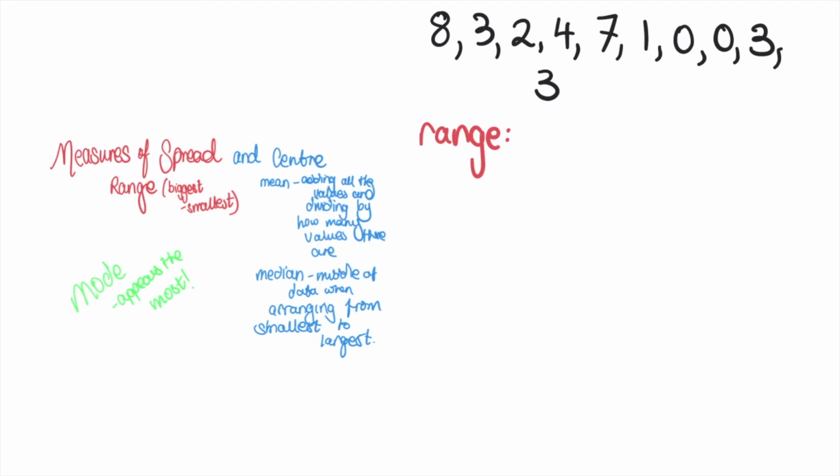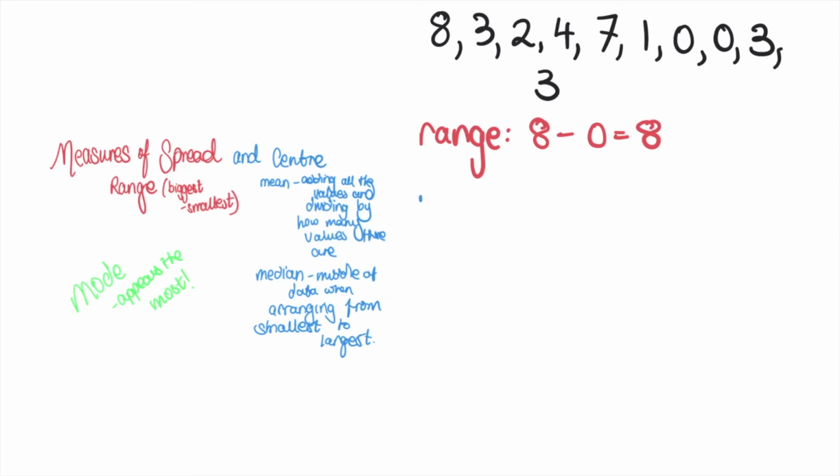So what's the biggest number in our list here? 8. Do you believe that someone ate 8 chocolate bars a week? Delicious, I'm not complaining. And minus the smallest number, which is 0. So our range is 8. So that means our data spans across 8 values.